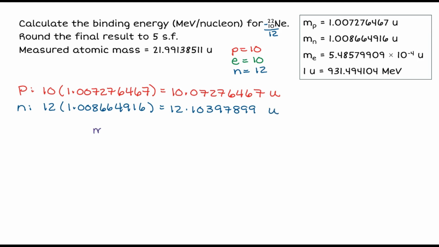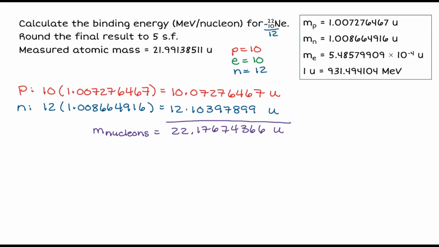To get the mass of the nucleons, we add those values together. We have 10.07276467 plus 12.10397899, and that gives us 22.17674366 u.